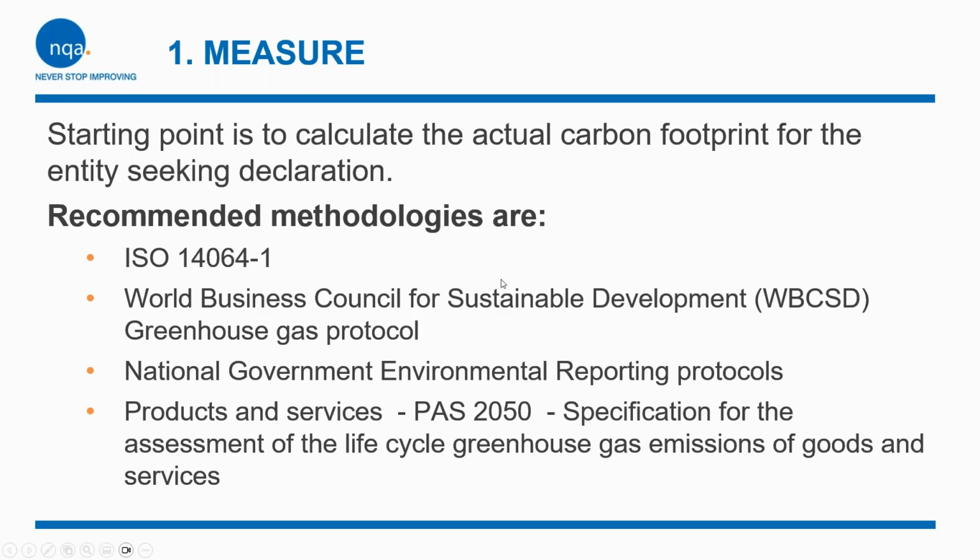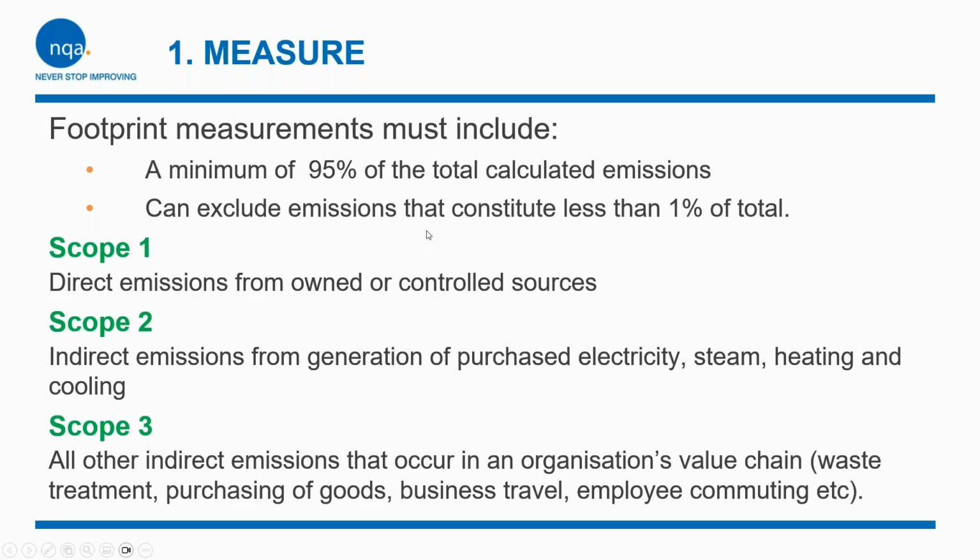However, whatever method you use, and the standard allows you to choose whatever method you want, you have to calculate the actual carbon footprint for the entity. Now, obviously, that talks about pulling together, as the standard says now, a minimum of 95% of the total calculated emissions. So when you're doing that calculation, you can exclude emissions that constitute less than 1% of the total. So how does that work?